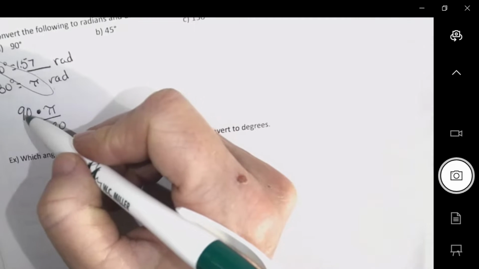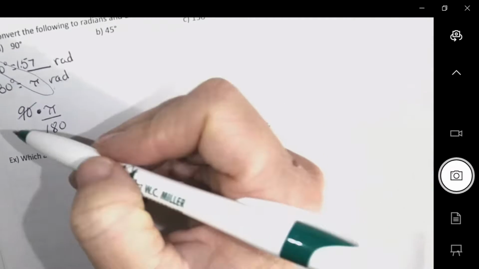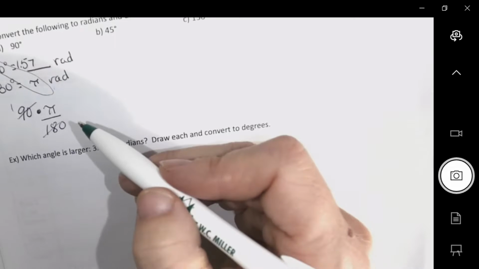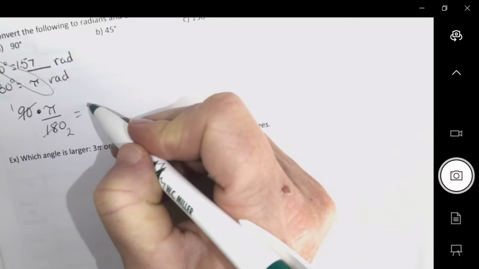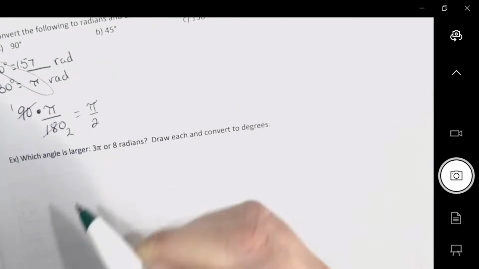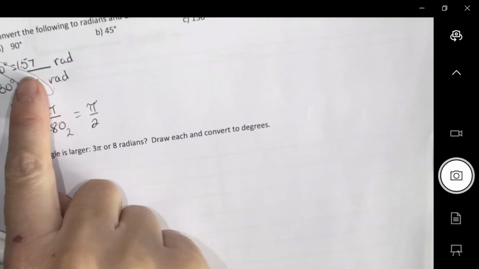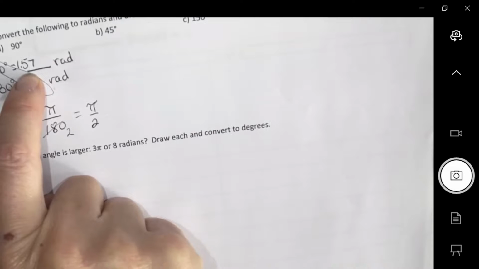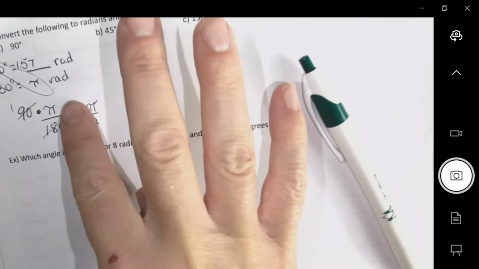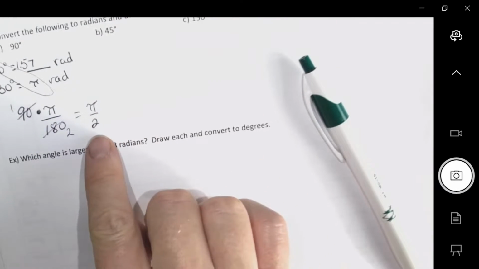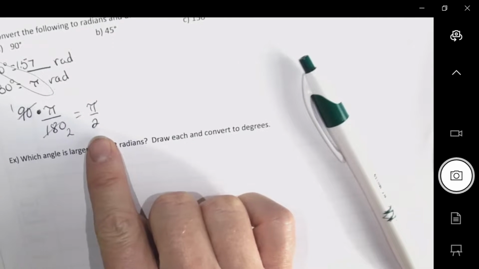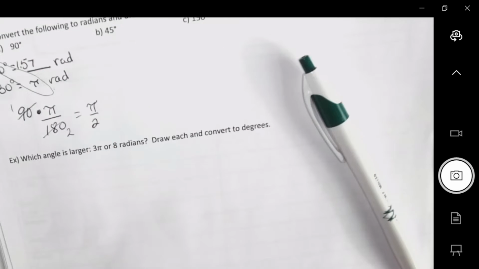You could cancel 90. So if I canceled 90, this would go away as a 1. And if I divide this by 90, this would be 2. So then it's just a half of a pi. Okay? Which is the same as 1.57. Pi divided by 2. But I'm just not sure if your book and your papers will have that kind of language. So that's where it's coming from.